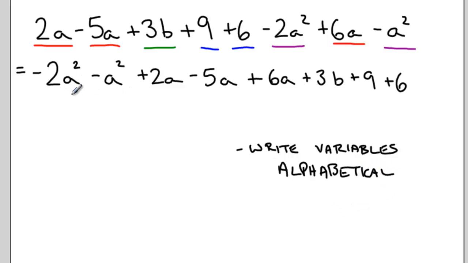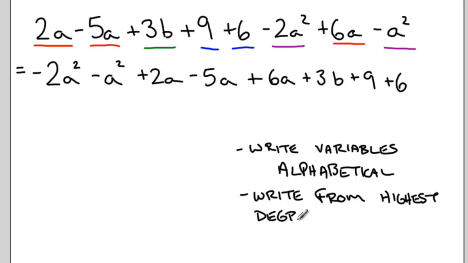So A comes first in the alphabet, so I write any term with an A in it first. I also write my expression from the highest degree to the lowest degree. So I started with the a squared term, and then I wrote the a terms, and then alphabetically I move on to b, and then I move on to terms without letters.